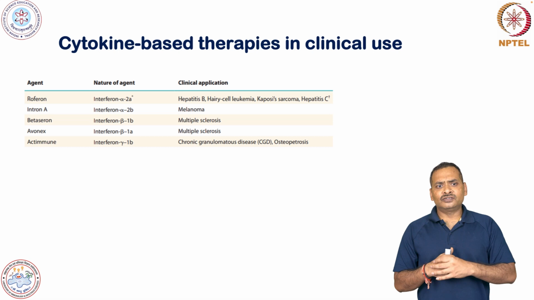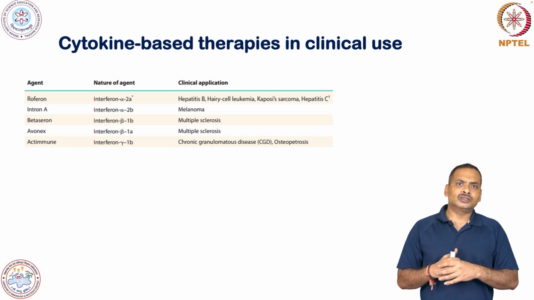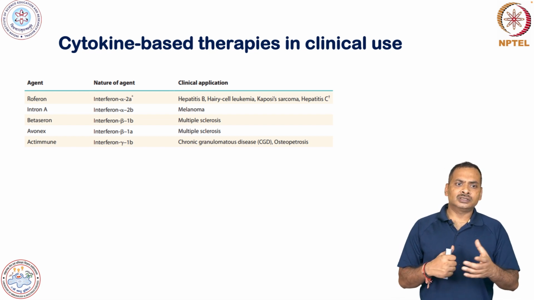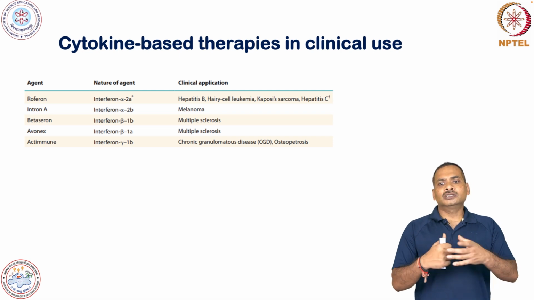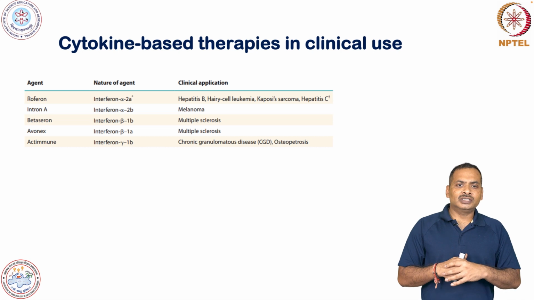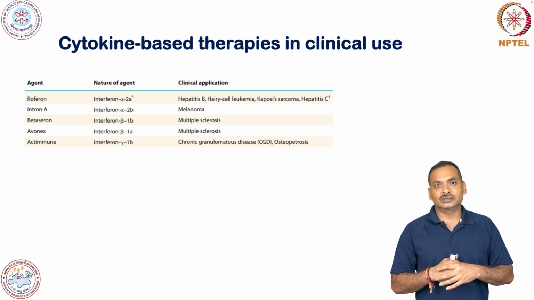Avonex, this is interferon beta 1A, which is used for the treatment of again multiple sclerosis. Actimmune, this is interferon gamma 1B, this is used for the treatment of CGD, chronic granulomatous disease, and osteopetrosis. Okay.